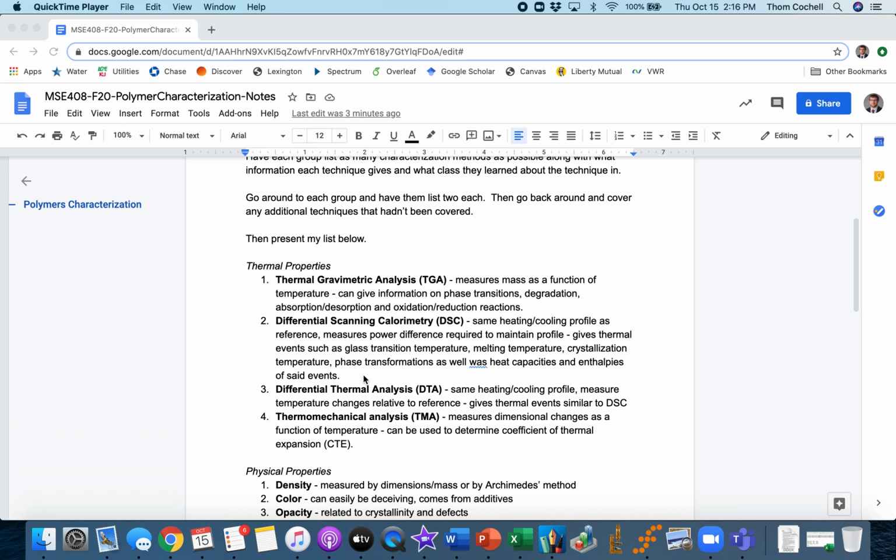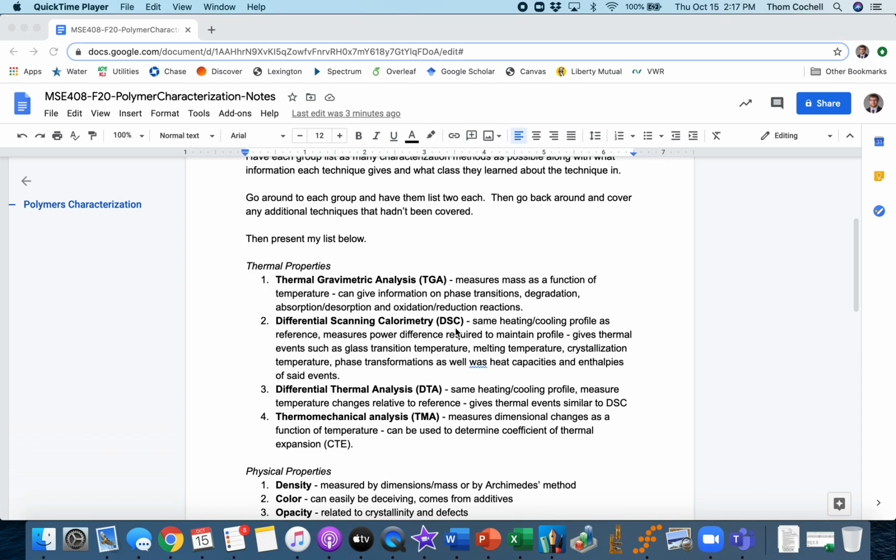So thermal properties. This is something that is done in all the classes of materials, but DSC in particular, and some of these other techniques are used extensively in polymers, and this is something that we haven't yet done in our curriculum in a physical manner. So DSC, or differential scanning calorimetry, is something that we're doing in the lab right now.